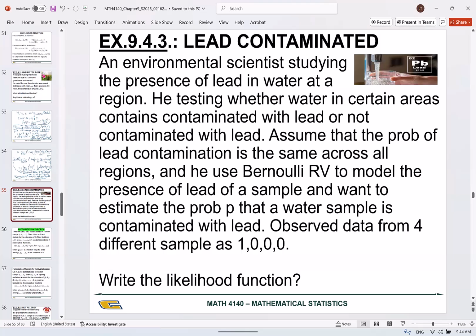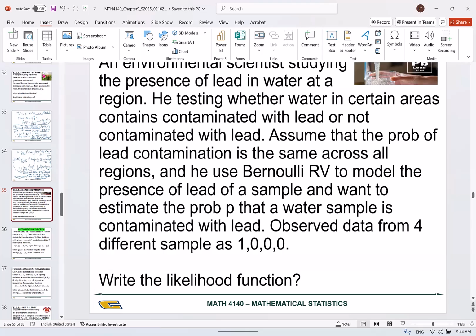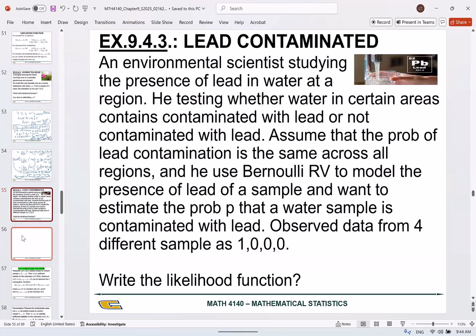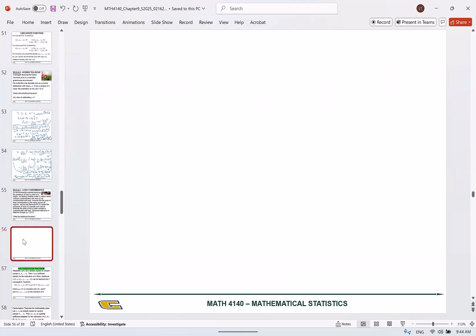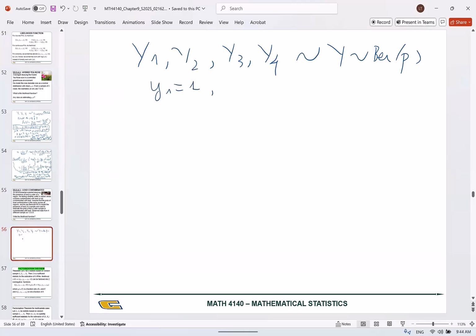Let's see. I will give you a hint and you write out the likelihood here. Basically, here you have four variables, Y1, Y2, Y3, and Y4, which follow a Bernoulli distribution. You observe that Y1 equals 1, which is lead contaminated, Y2 equals 0, Y3 equals 0, and Y4 equals 0.